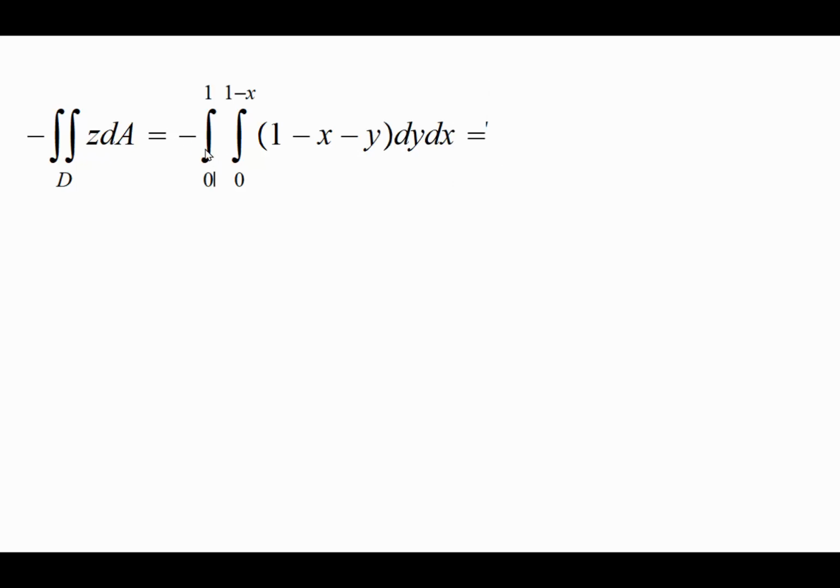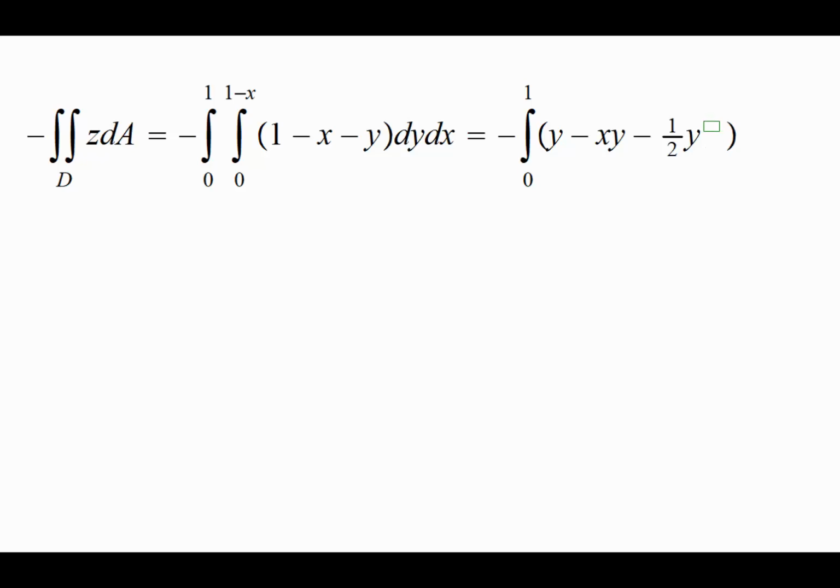So what we get is the outer integral, and integrating with respect to y, we get y minus xy minus y squared over 2, or 1/2 y squared, right?